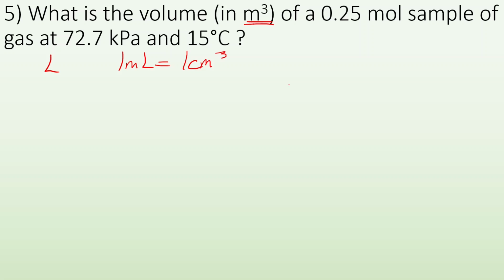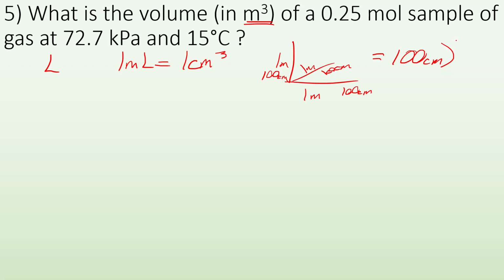So let's think about it. If I had 1 cubic meter, that'd be 1 meter by 1 meter by 1 meter. It's the same thing as saying 100 centimeters by 100 centimeters by 100 centimeters. So when I do 100 centimeters cubed, I end up with, was it like a million, I think?